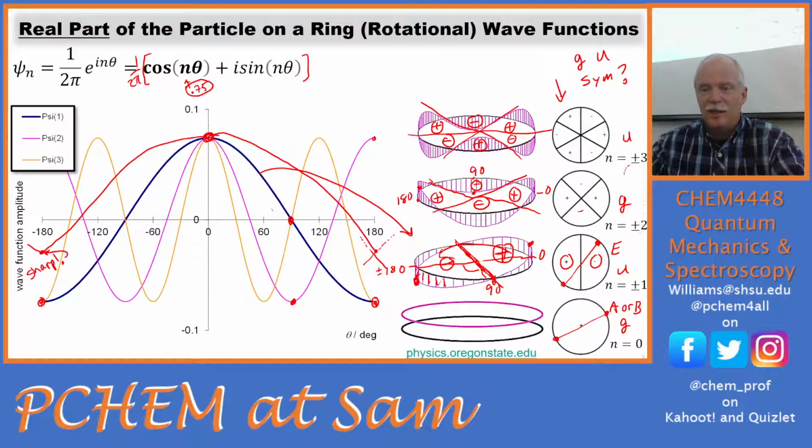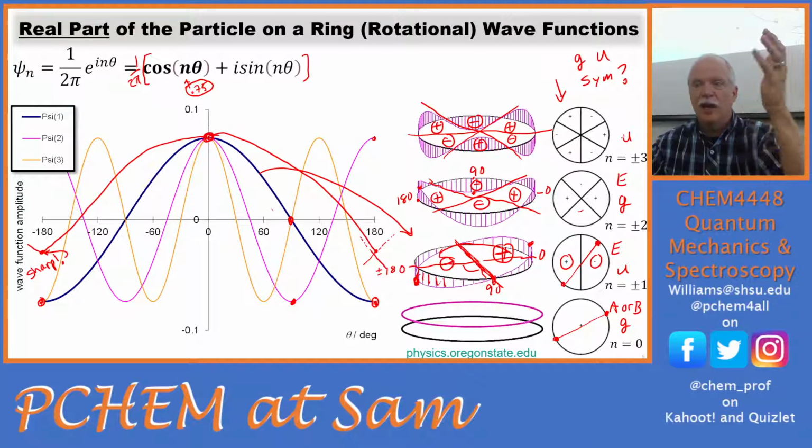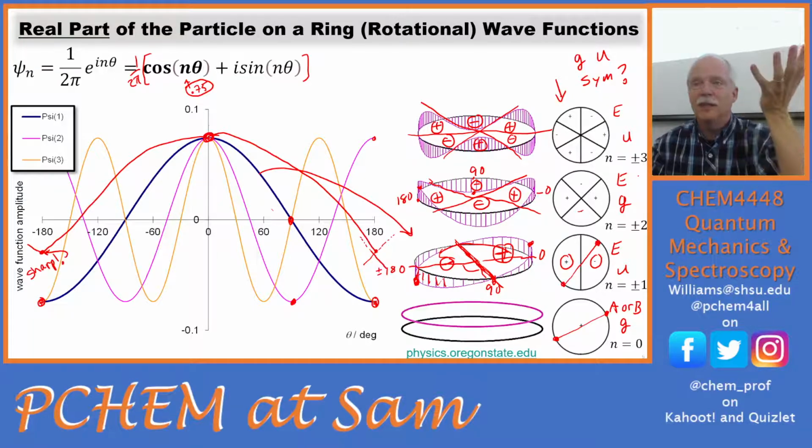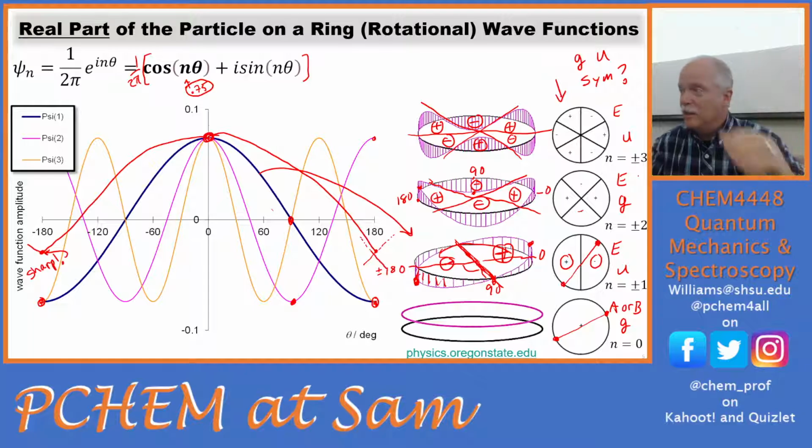So we can know from our knowledge of character tables what kind of symmetry species or Mulliken notations these various wave functions are going to be. If they're doubly degenerate, they're going to be E. If they're singly degenerate, they're going to be A or B, something like that. Okay.